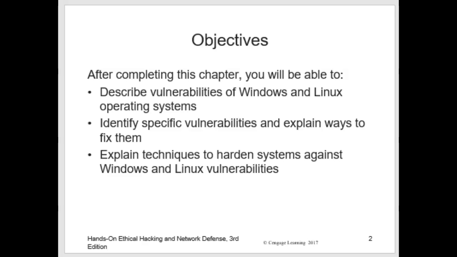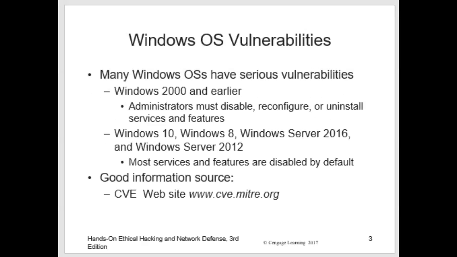We will be covering these topics today, starting with Windows OS vulnerabilities. So many Windows operating systems have serious vulnerabilities. To improve security, most services and features are disabled by default. That's an important point. They disable many items by default, right?